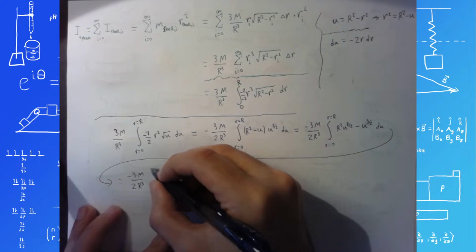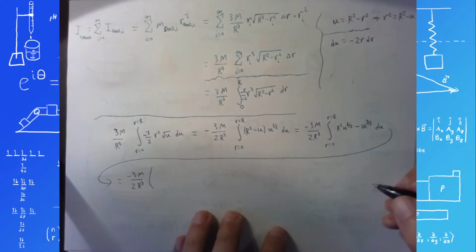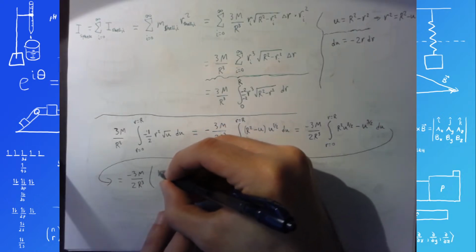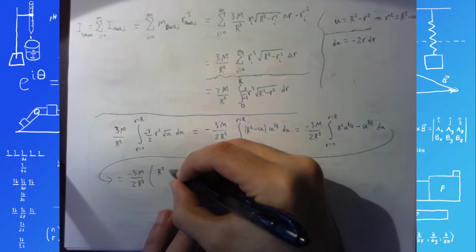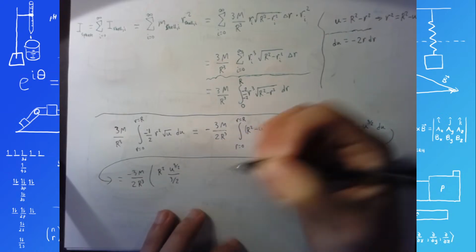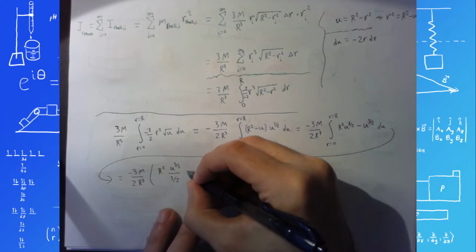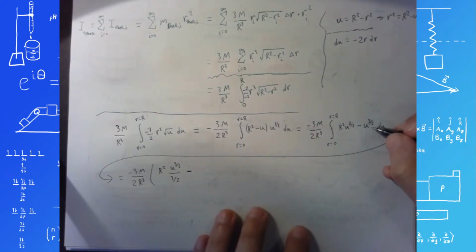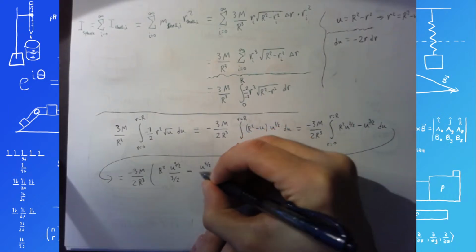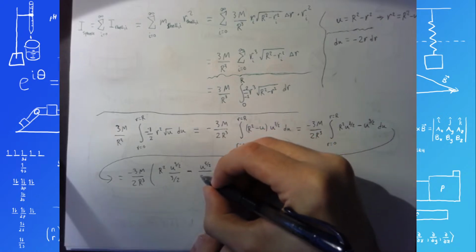We're going to get big R squared u to the 3/2 divided by 3/2 minus, and then this is going to be u to the 3/2 plus 1, that's u to the 5/2 divided by 5/2. 3/2 plus 1 is 5/2.